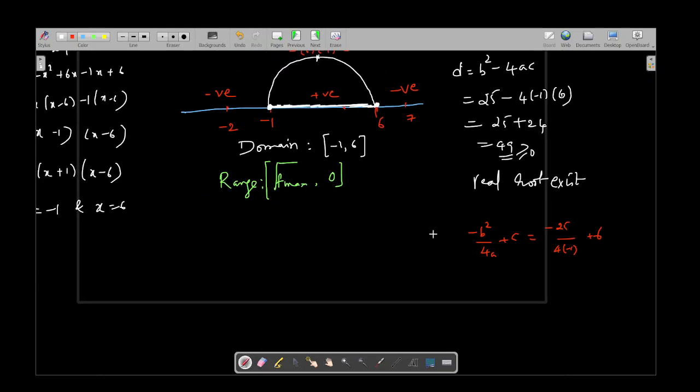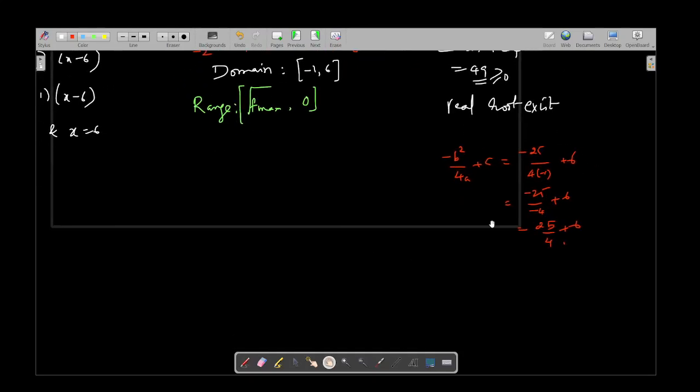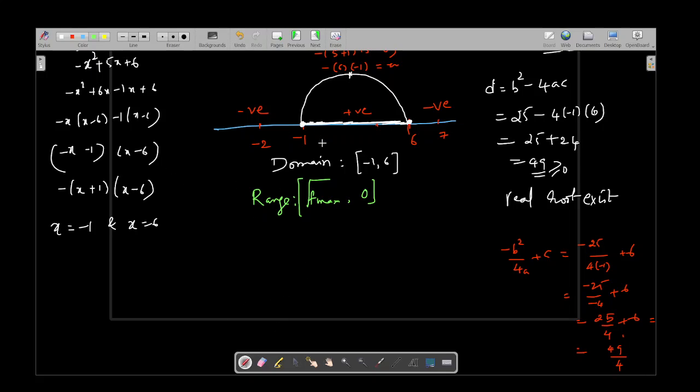So this is minus 25 by -4 plus 6, which is 25 by 4 plus 6, and further I can write this as 25 plus 24 divided by 4, which is 49 by 4. So my range will be square root of 49 by 4 comma 0, which is 7 by 2 comma 0, or 3.5 comma 0.